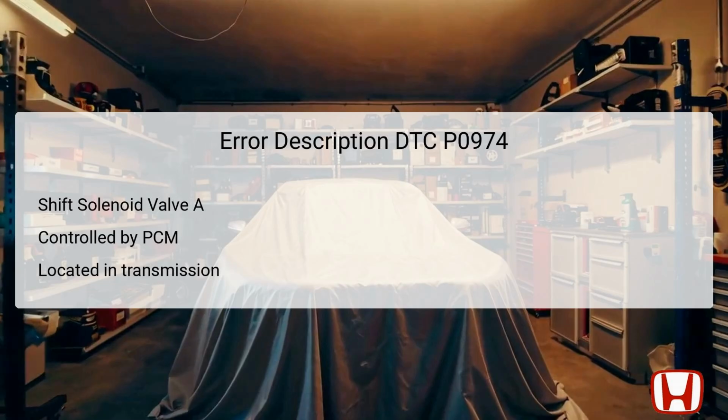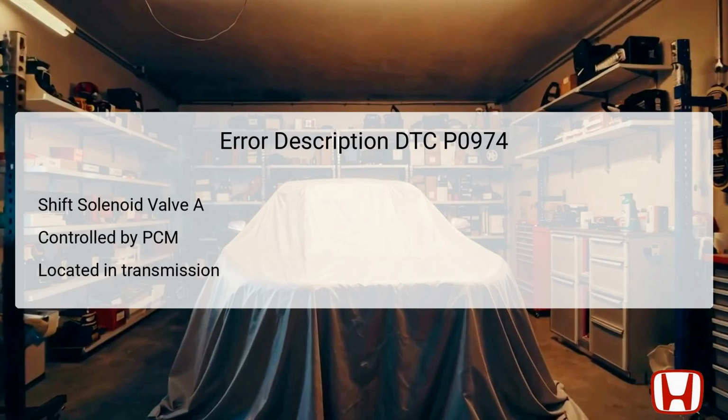Mechanically, the solenoid components help engage and disengage gears as required. The valve is generally housed within the transmission assembly, making accessibility a consideration when performing diagnostic checks or component replacement.